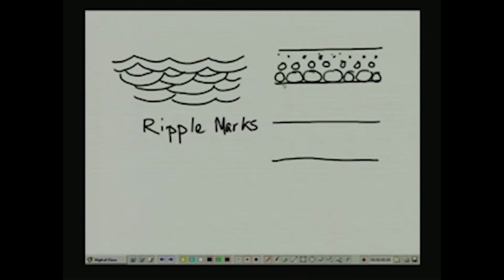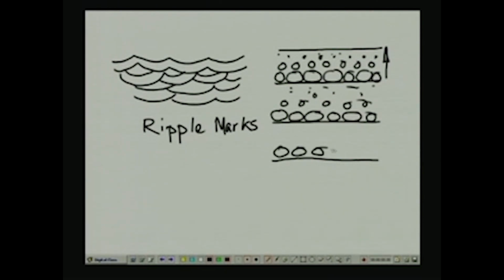So, in this case what I have shown is that the particle size is decreasing as you move upward, and the same kind of feature is going to be repeated in other beds as well. So, this is called a gradational bedding.